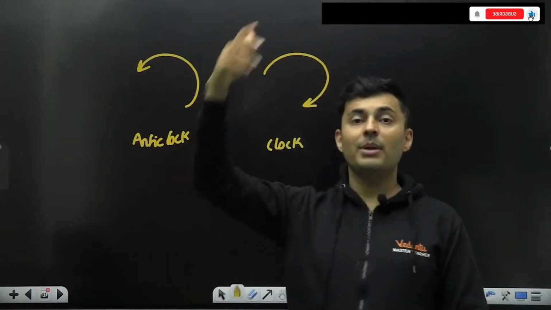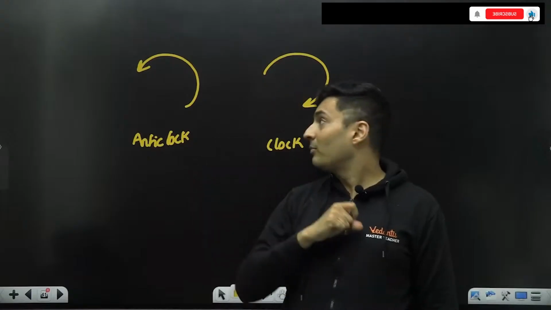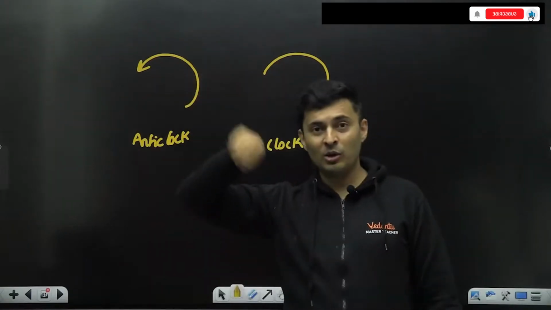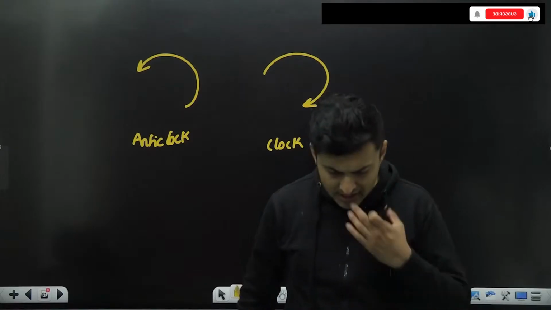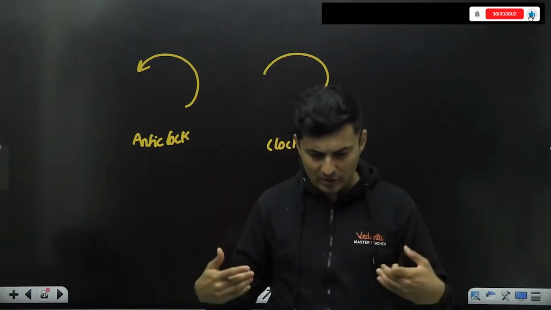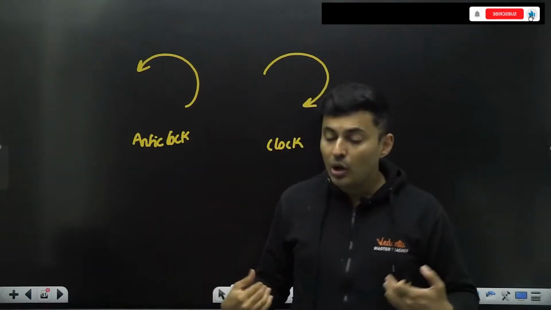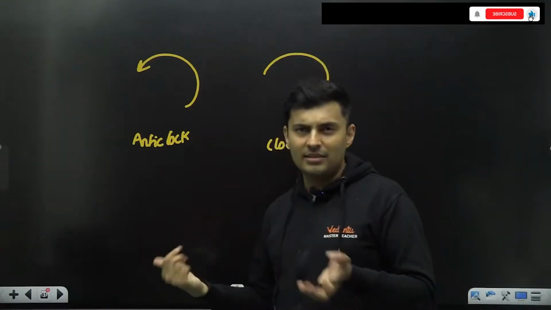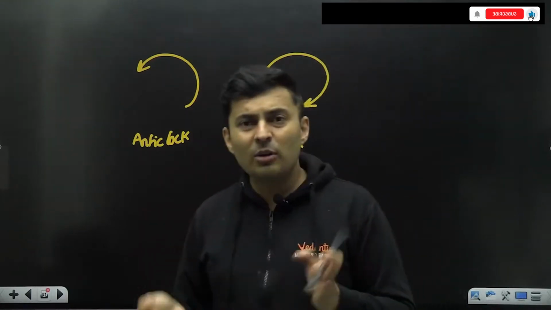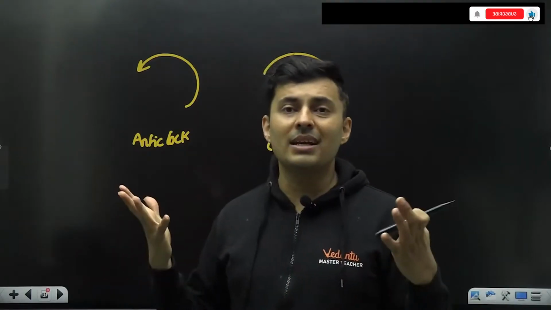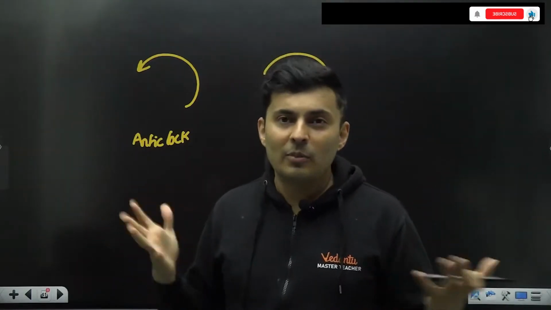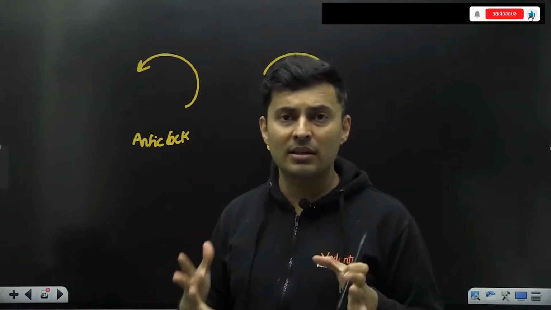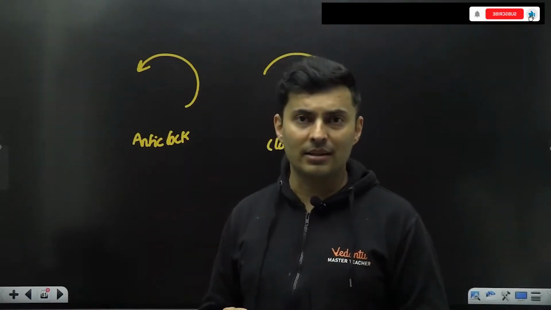But for the person behind the board, this might be anti-clockwise, this will be clockwise for him. For a person standing on the top, he will not understand what is clock and anti-clock unless you tell, oh, if you are in front this side, then that is clock. If you are behind, then it is anti-clock. But what is front, what is back, that definition becomes very unclear. That is not how mathematics works. Things have to be very absolutely clear when we say what is the direction. It should be very uniquely represented.